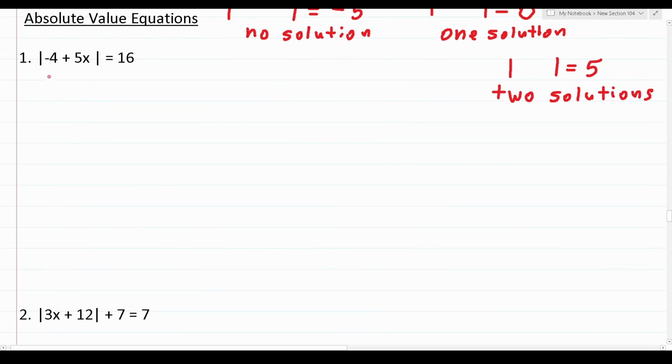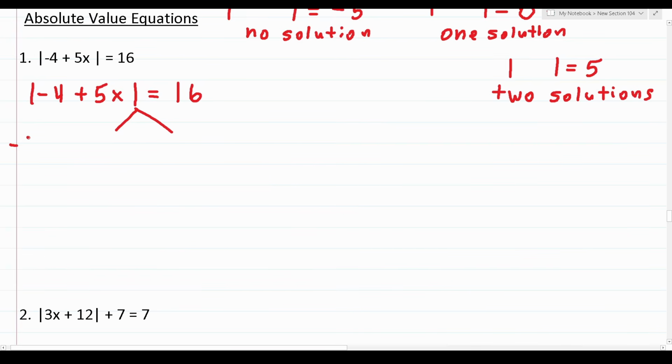We have the absolute value of negative 4 plus 5x equal to 16. All right, so we have our absolute value equal to a positive value. In light of that, we know there's going to be two solutions. And more specifically, our solution is going to be broken apart like this.